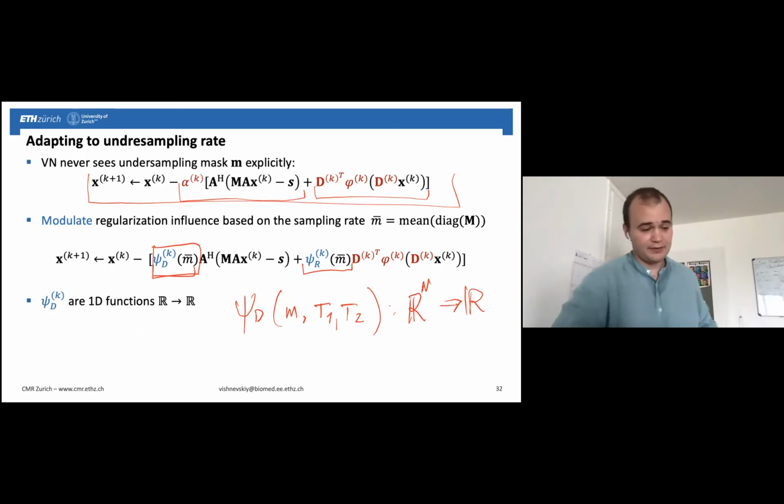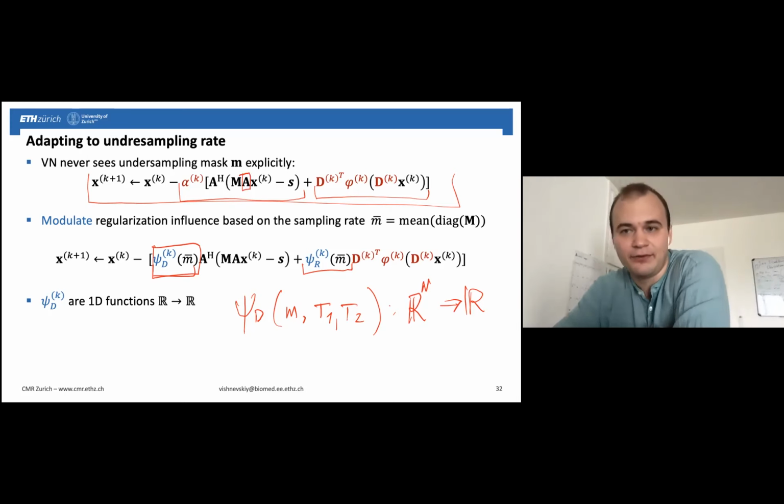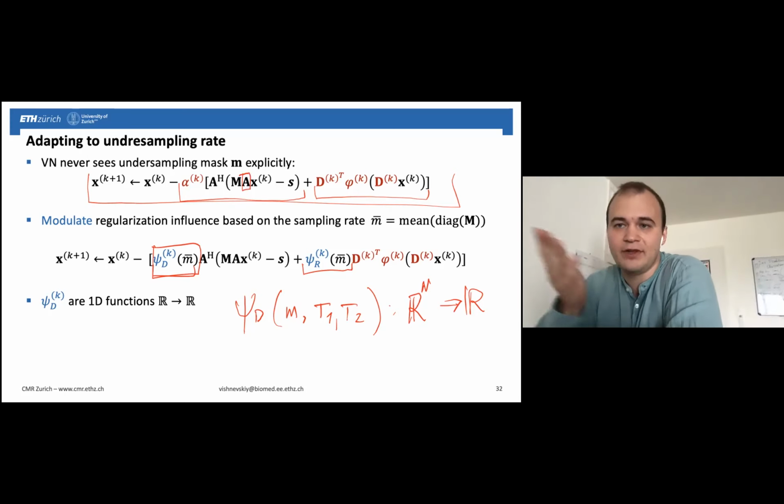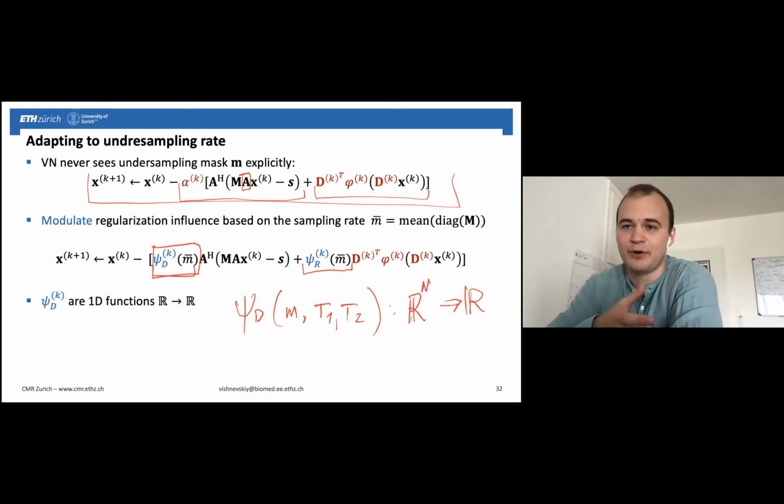And also there might be some interest, if you know something about the structure of your acquisition matrix, you can choose a different algorithm, not gradient descent, but you can unroll ADMM. And when you unroll ADMM, you can make so many choices, like how you split the operators. So there are a lot of optimization methods, and different optimization methods are suited for different problems.